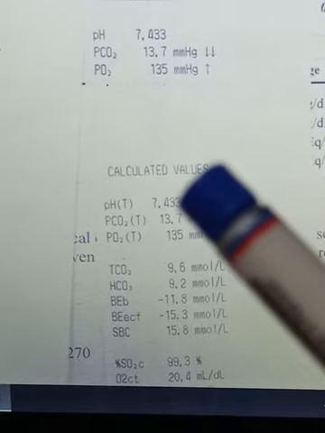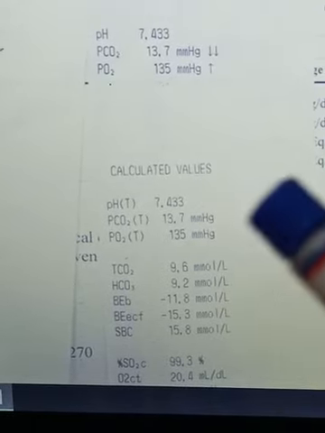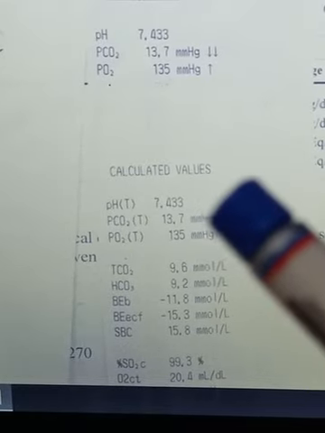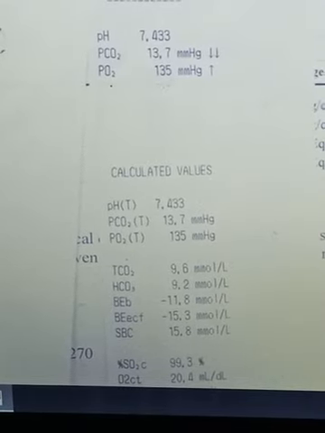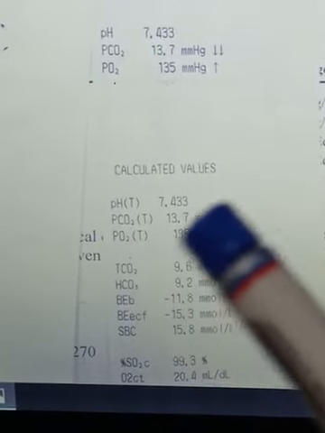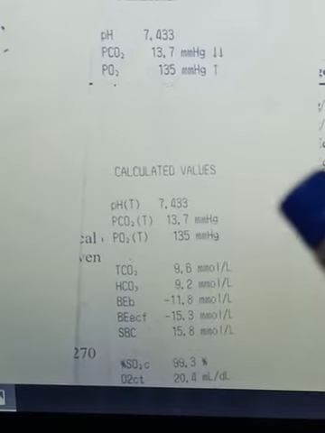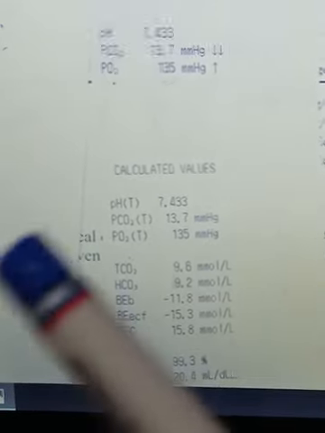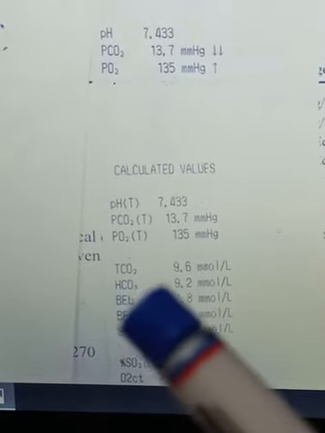If the pH is on the alkalotic side, then which arrow causes alkalosis? Decrease of CO2 causes alkalosis, or decrease of bicarb causes alkalosis? Decrease of bicarb causes acidosis, while the decrease of CO2 causes alkalosis. So the primary arrow over here is the decrease in CO2, while there is also a decrease in bicarb.